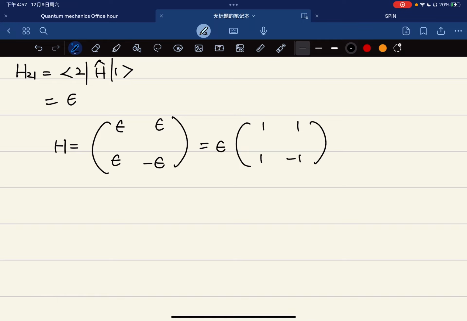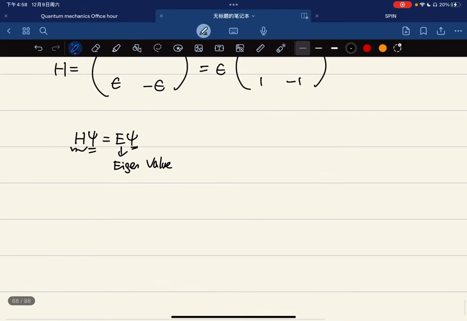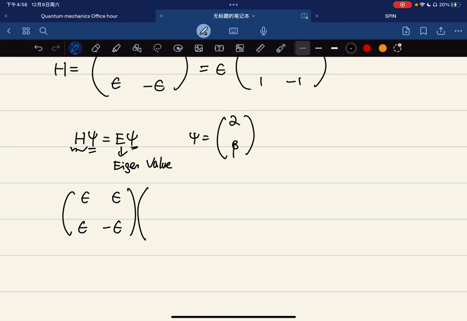I can start to solve for the eigenvalues. So let's write down the equation as H phi equals E times phi, where E is the eigenvalue, phi is the eigenstate, the eigenfunction, and H is the Hamiltonian matrix. Now I assume the eigenstate is alpha and beta.